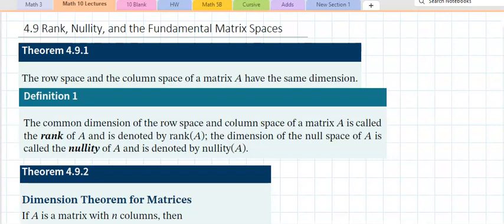Theorem 4.9.1 says the row space and the column space of a matrix have the same dimension. Let me remind you, if we put those in reduced echelon form, it doesn't matter what's there.